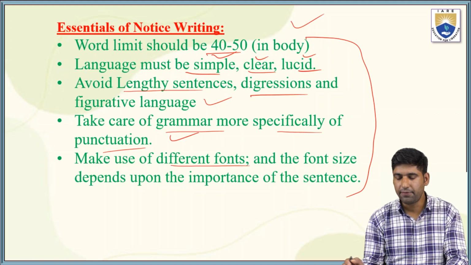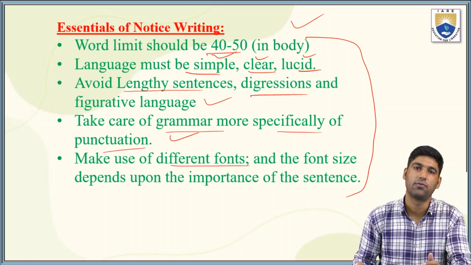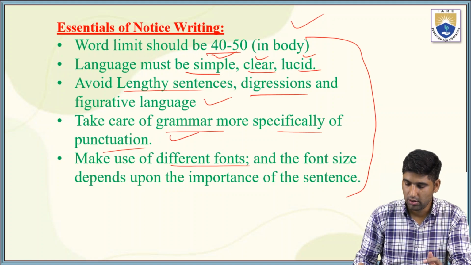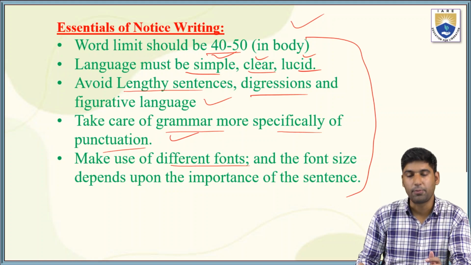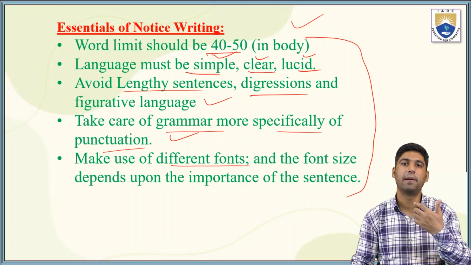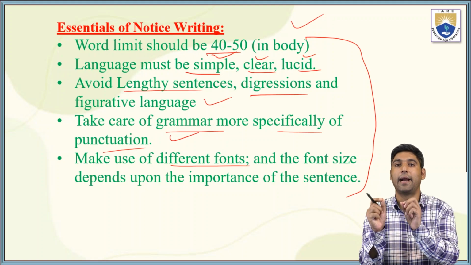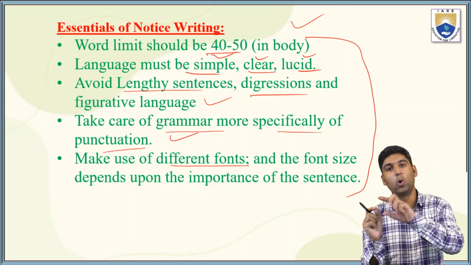Then make use of different fonts. There is a liberty we can make use of different fonts, big and small. And the font size depends upon the importance of the sentence. When we are writing the heading, the font is bigger. When we are giving any important information, we highlight that thing. We write that in bold letters.